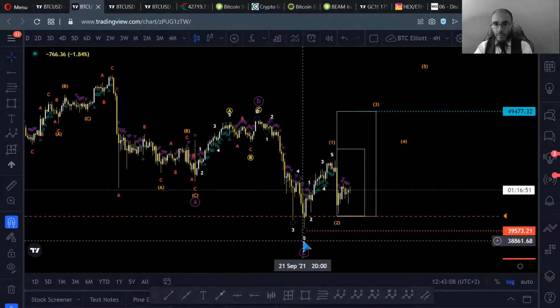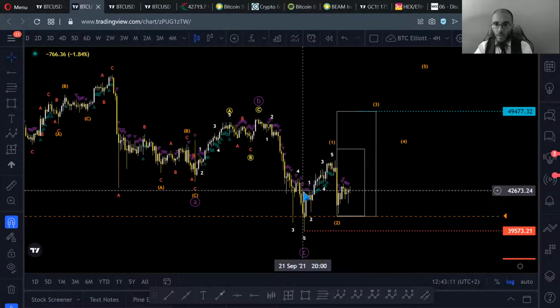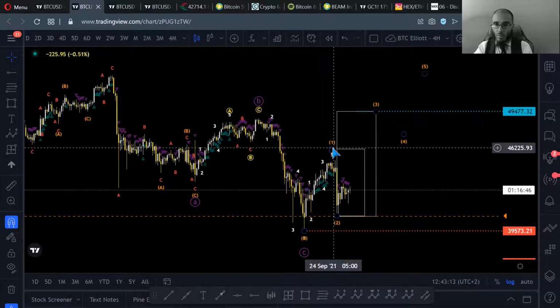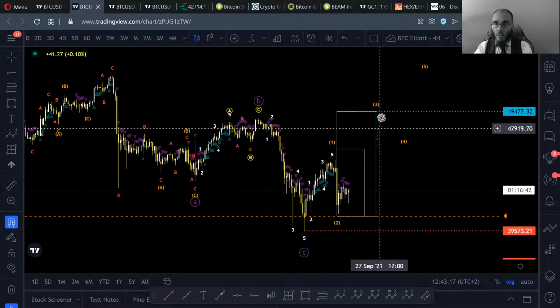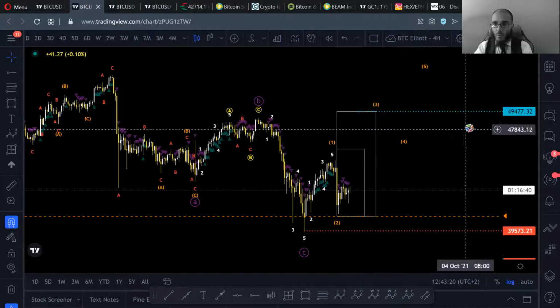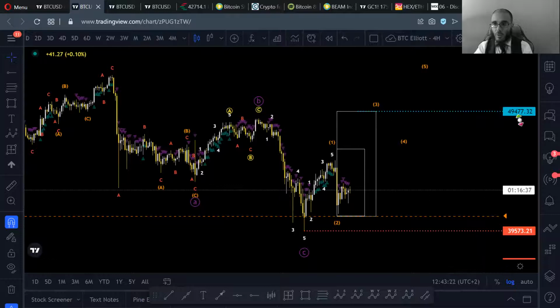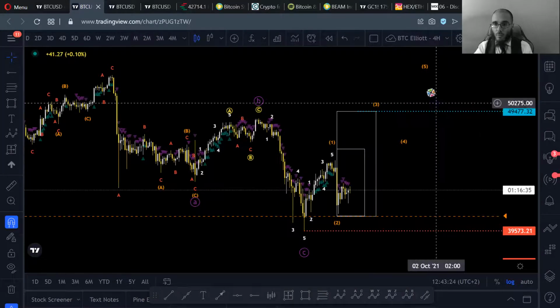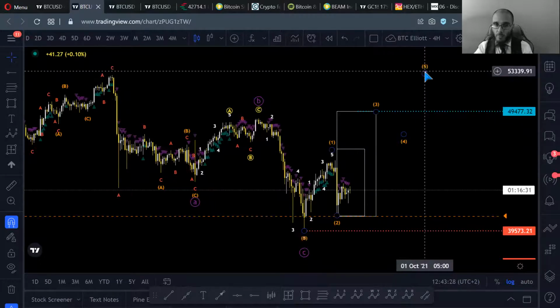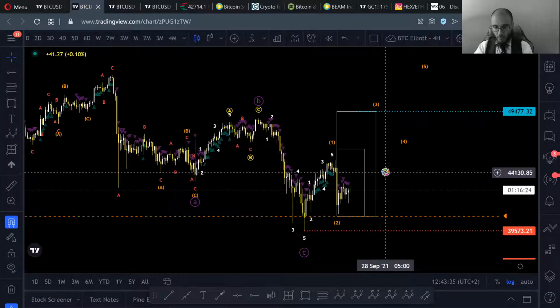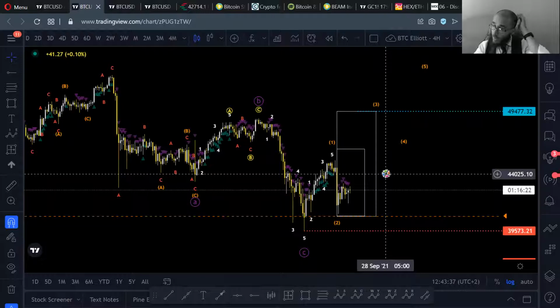And here's the wave 2 that I'm talking about. So we had wave 1, the impulse wave up here, and then you will get wave 2. And now we are accomplishing wave 3, which has a target at 49,477.32. And then we get a wave 4 retracement and wave 5 up to maybe 53. Or they can always extend, so it could be even more.